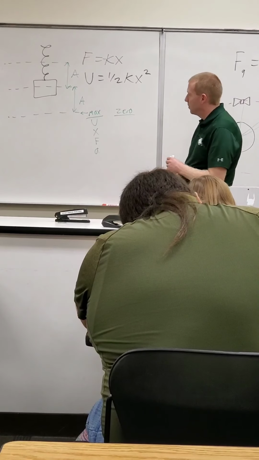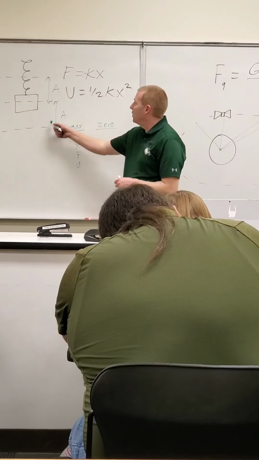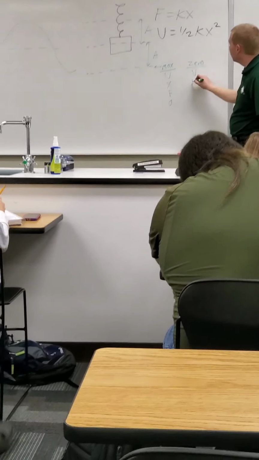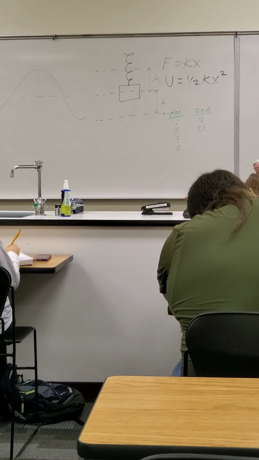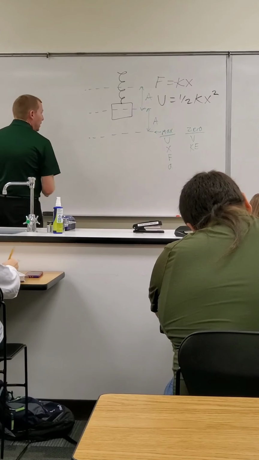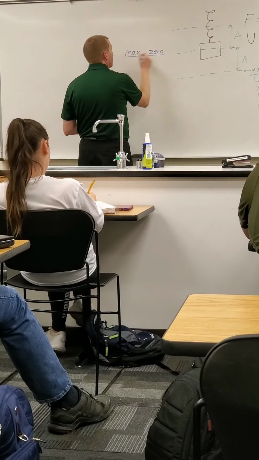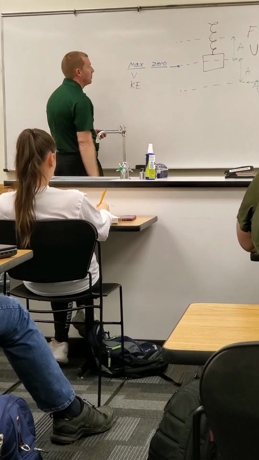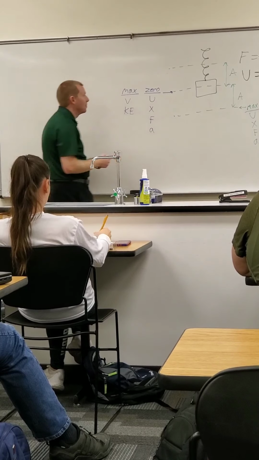The force and acceleration would be at a maximum at both ends, bottom and top. And then the velocity is 0, and the kinetic energy is 0. Here at equilibrium, the velocity is at a maximum, the kinetic energy is at a maximum. The potential energy is 0, the displacement is 0, the force is 0, the acceleration is 0.